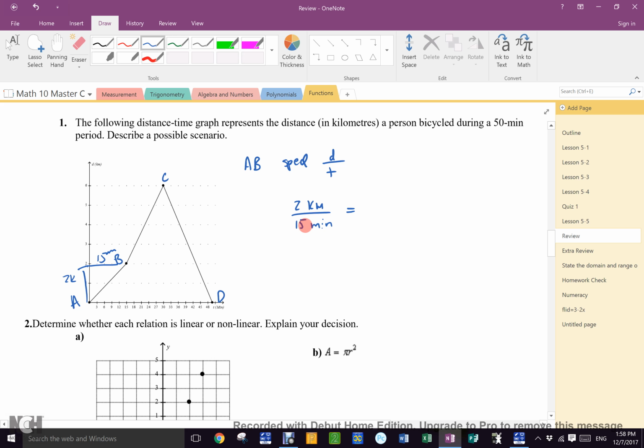How many minutes are in an hour? 60. So my new denominator is 60, right? In fractions, if I want to change it, I've got to multiply, right? So 15 times what is 60? 4. So if I do something to the denominator, what do I have to do to the numerator? Same thing, times 4, so it's 8 kilometers in 60 minutes, which is 8 kilometers per 1 hour.